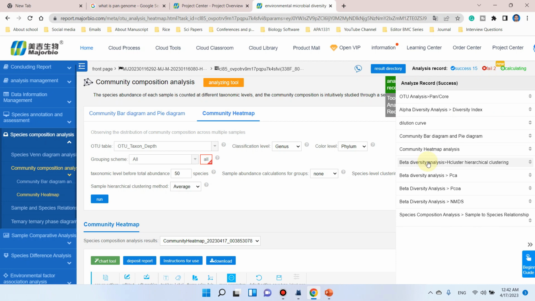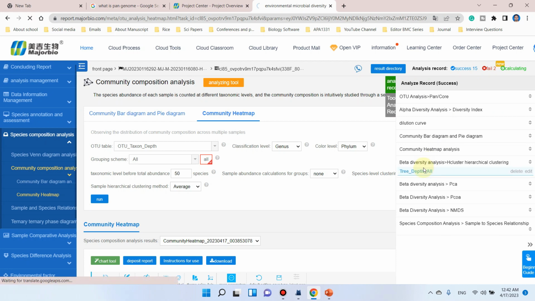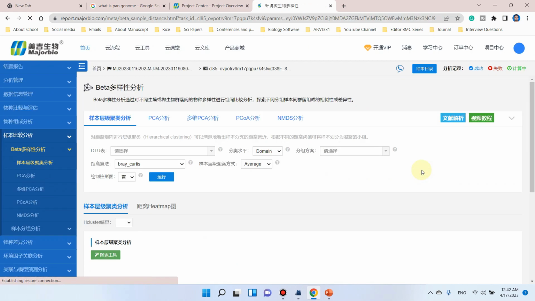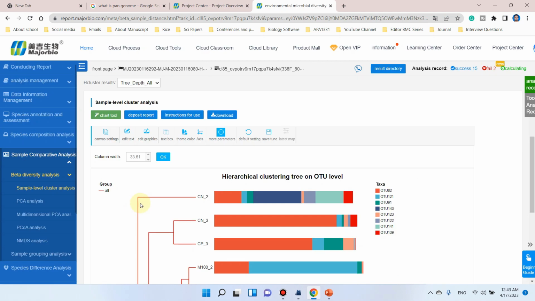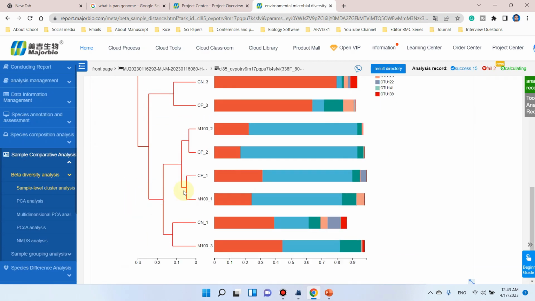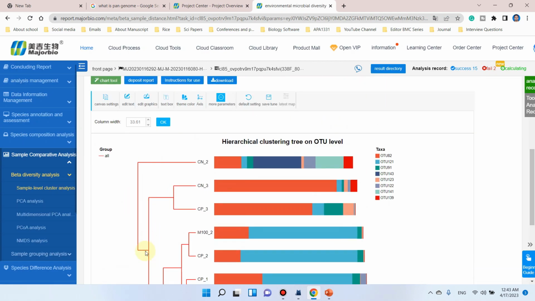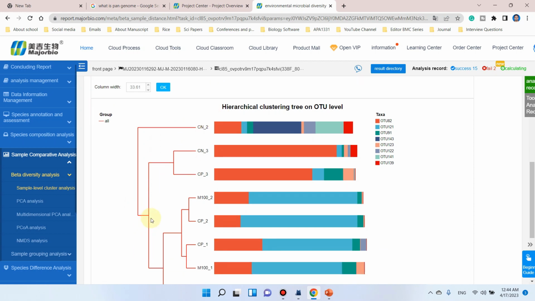We will move now to the beta diversity. As I have already told, in beta diversity we compare the diversity between different samples. You can see this dendrogram is showing a further division. This one is a major category and this one is under one clade, because here is one major branch and one major branch is further divided into this.